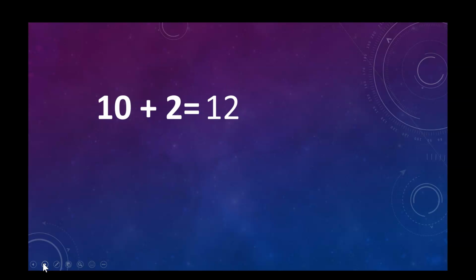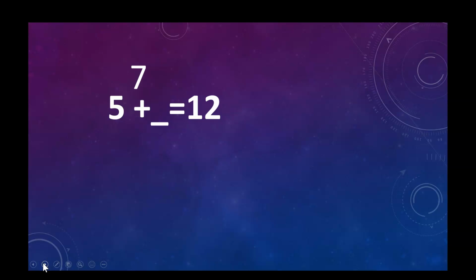Should have been 12. Fill in the blank here. 5 plus blank equals 12. You should have filled it in with a 7. Now we have 6 plus 9, 6 plus blank equals 9. Fill in that blank. You should have had 3.